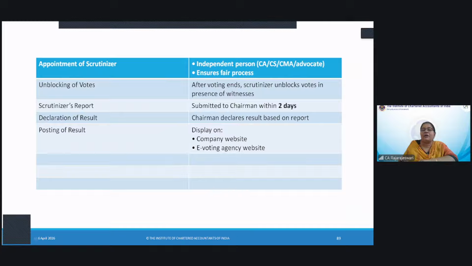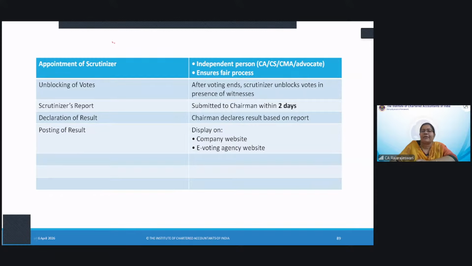Then unblocking of votes. And before that, you appoint a scrutinizer. Who is a scrutinizer? A person with good command over the subject, who could be a chartered accountant, cost accountant, company secretary or an advocate, a reputed person who will conduct the process fairly and impartially.